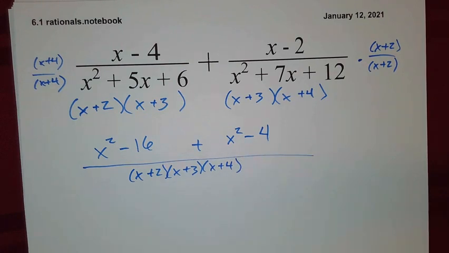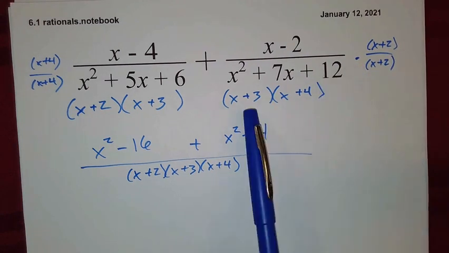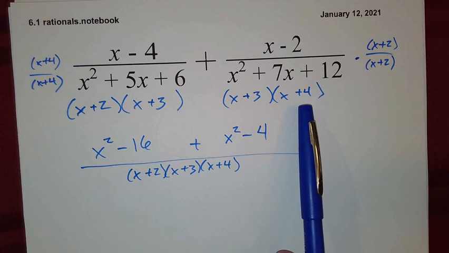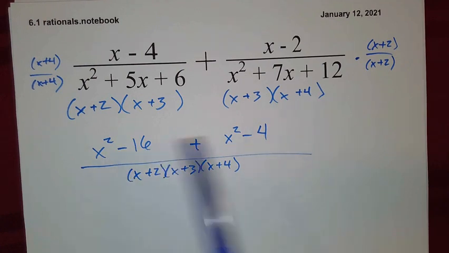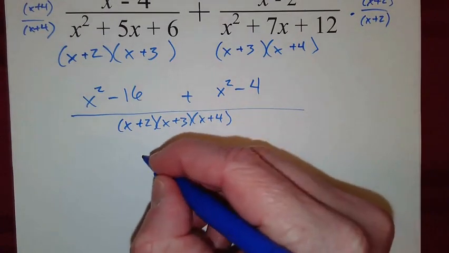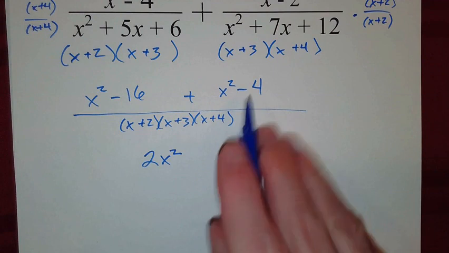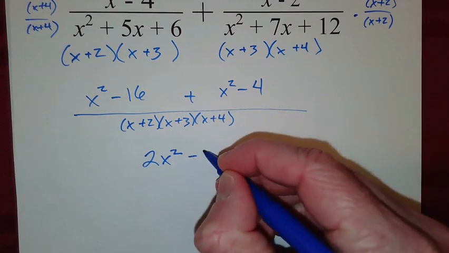And I'm able to put them together because I have the same denominator of x plus 2 times x plus 3 times x plus 4 for both fractions. So I put them together, and now I'll add like terms. x squared plus x squared is 2x squared. Let's see, minus 16 minus 4, we're at minus 20.